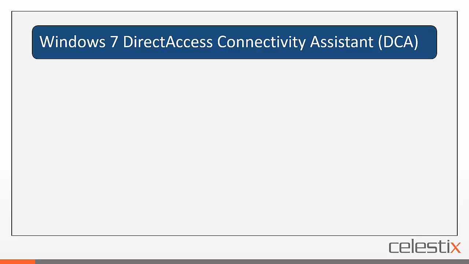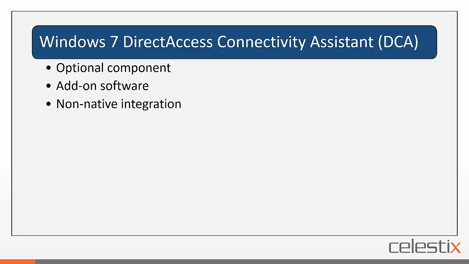So Microsoft introduced something called the Direct Access Connectivity Assistant, or DCA, which was an optional component that had to be installed separately. In other words, you had to deploy this software. It was a Microsoft software component. You download it from Microsoft, but you had to install it separately.